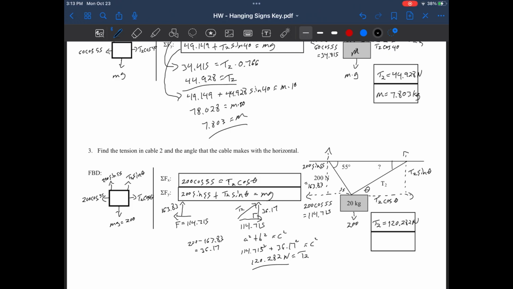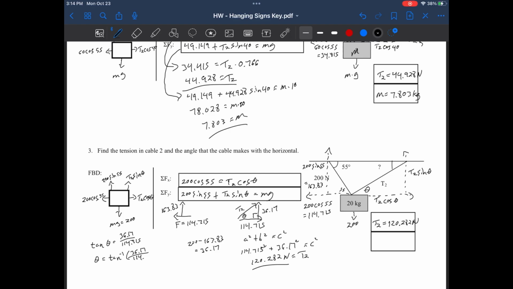Finally, we just have to solve for theta. Well, I know three sides of my triangle. T2 I calculated. I feel like A squared plus B squared is a little bit less heavy on the calculations. You can use sine, you can use cosine. I'm going to choose to use tangent. It prevents me from having to utilize T2 in my calculations. So the tangent of theta, of that angle, is the opposite over the adjacent: 36.17 over 114.715.